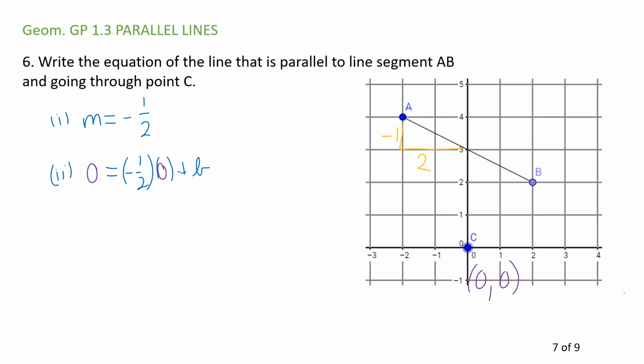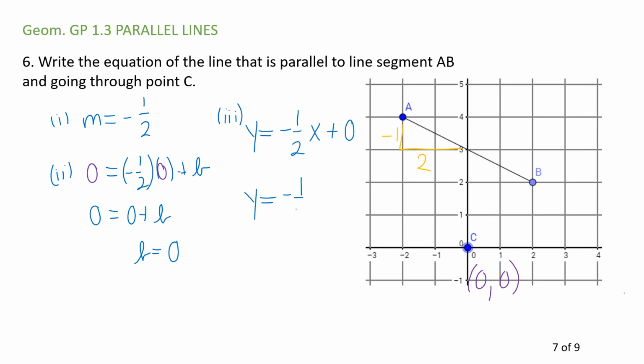This is an easy one. This intercept is equal to 0. Y equals mx plus b. You don't need to write the 0. It tells me where to start. That's the point that they gave me. And then I'm going to go down 1 over 2. And that's that.